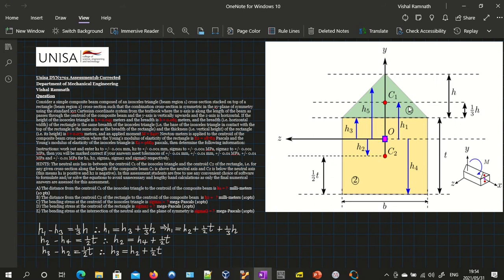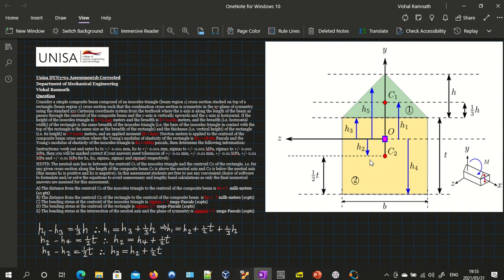Okay, where are these expressions coming from? h1 minus h3, the distance from here to there, that distance minus that is just 1/3 h. h2 minus h4, this is below the axis, it's a negative, that's a negative. Negative minus a negative is positive, so this distance between h2 and h4 is 1/2 t.